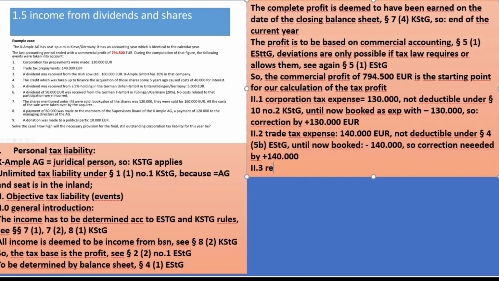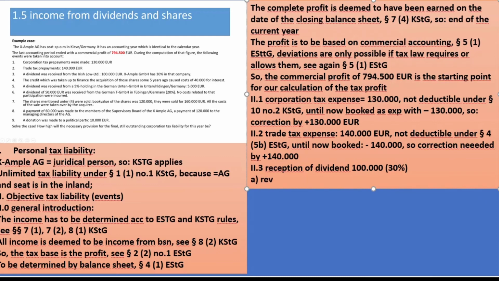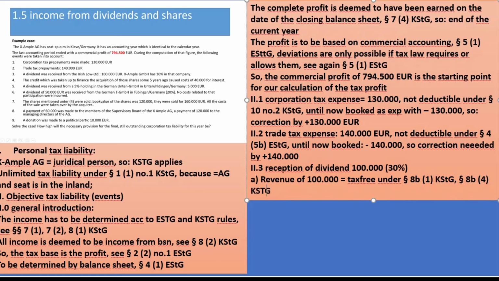We see reception of dividend 100,000, 30%. The revenue of 100,000 is tax-free under paragraph 8b1 KStG, 8b4 KStG, because the participation is higher than 10%.